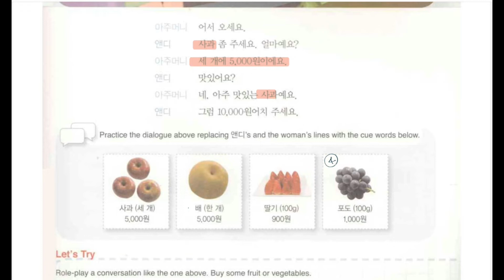Then, how much will Andy receive? So, 100g에 1,000원이에요. So, Andy will receive exactly 1 kilogram, isn't it? Which is 1,000 grams. And he will pay 10,000 won. 10,000원이니까. Okay, very good.